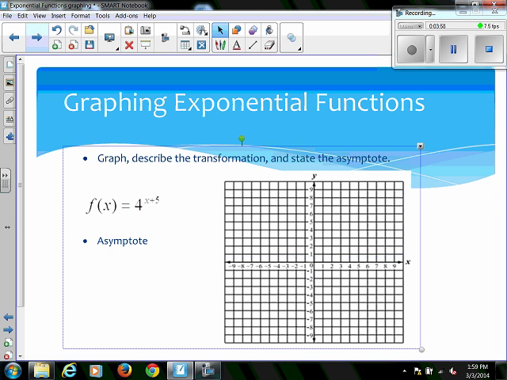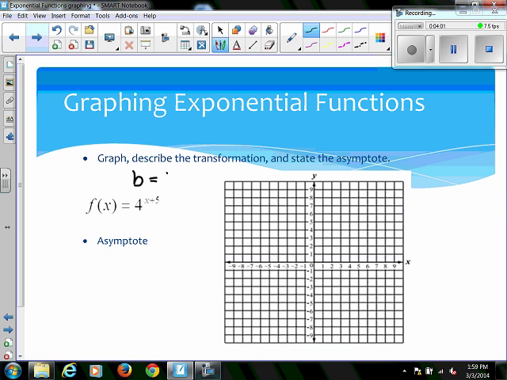Right here we have b = 4. Just going to graph 4^x. (0, 1), (1, 4), (-1, 1/4). Asymptote is still y = 0.